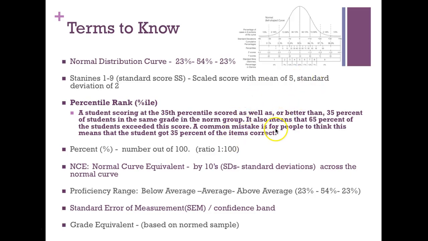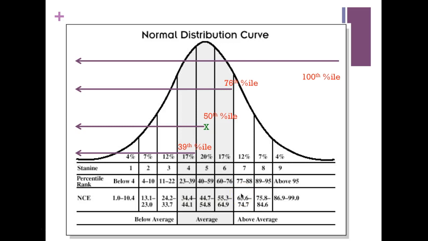Because this is a norm test or a standardized test based on a large sample, you're looking at performance against a group of other students. So if we look at our normal distribution curve, you will see that as you go up in percentile, there are more people that do poorer than you. If you go down in percentile, there are more people that do better than you. This is also pretty much ranked with these 3 sections in the normal distribution curve. You have the 39th percentile, 50th, and 76th percentile. What's considered outliers are the very high and the very low, the 4 percenters.